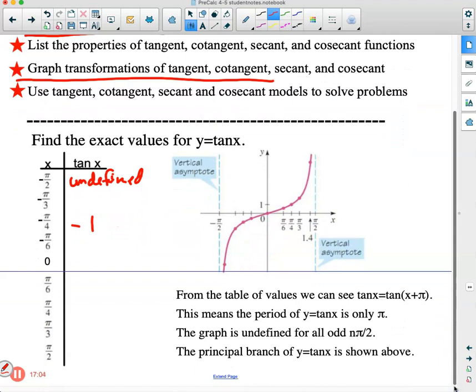At 0, tangent was 0. At pi over 4, we had square root of 2 over 2, square root of 2 over 2. That was a nice one. And at pi over 2, we had another undefined.